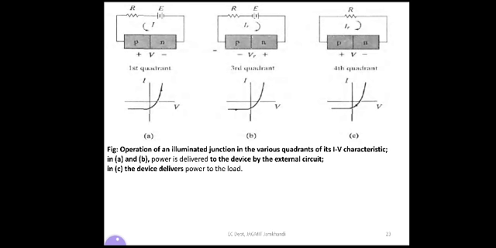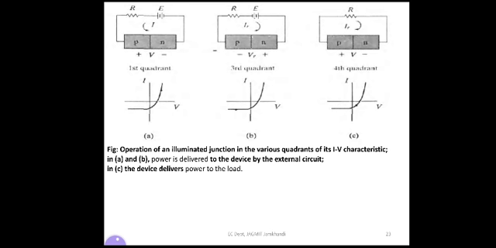P is connected to the positive of the battery and N is connected to the negative of the battery, so it is a forward bias. In figure B, it is reverse biased. So in the first quadrant and third quadrant, figures A and B, power is delivered to the device by the external circuit.